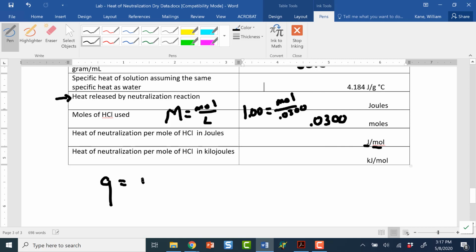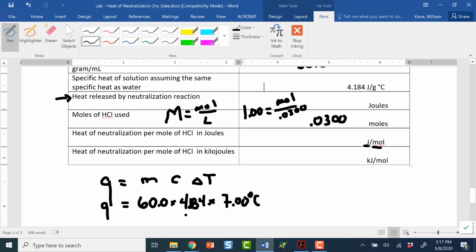Q equals mc delta T. The heat is the energy, so I'm searching for Q here. I know that I had 60 grams multiplied by 4.184 multiplied by my temperature change of 7 degrees.